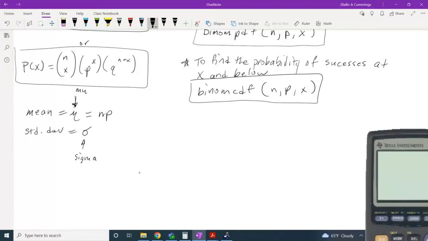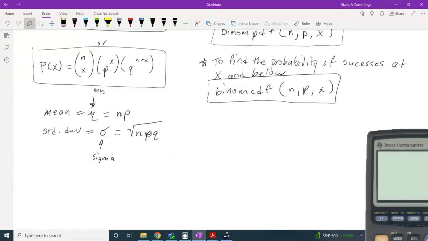The formula to find the standard deviation is equal to the square root of n times p times q, where n is the number of trials, p is the probability of success, and q is the probability of failure.